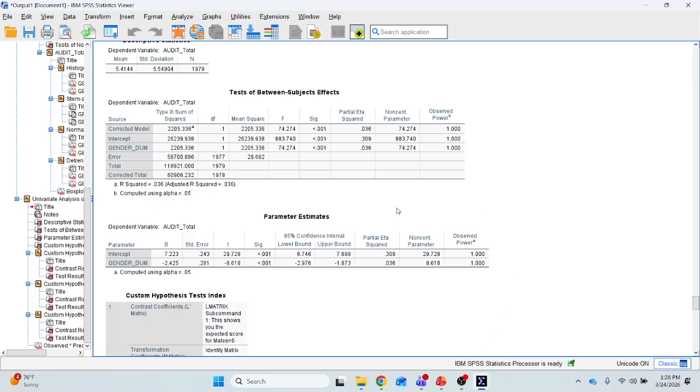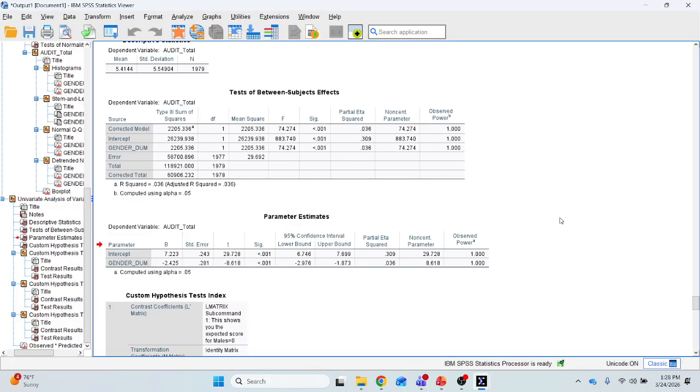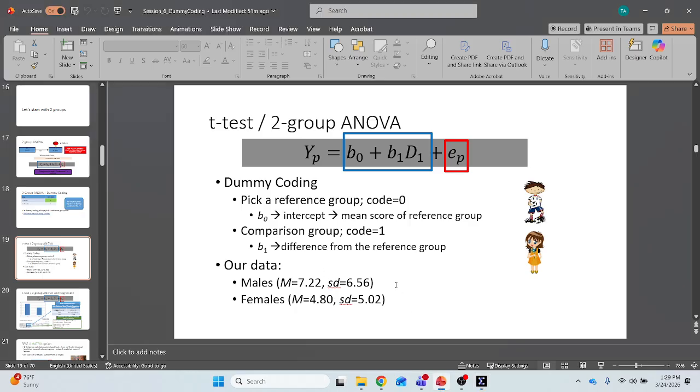All right. So the thing that you need to look at is the parameter estimates. Now, there is a slight tweak in our interpretation of the intercept. So what was the interpretation of the intercept before?